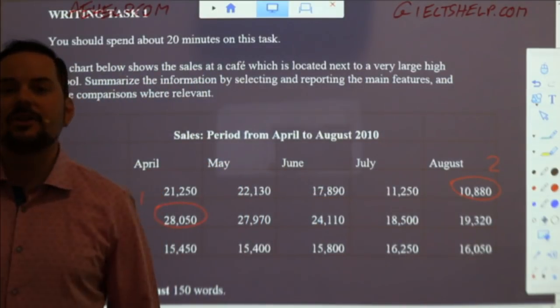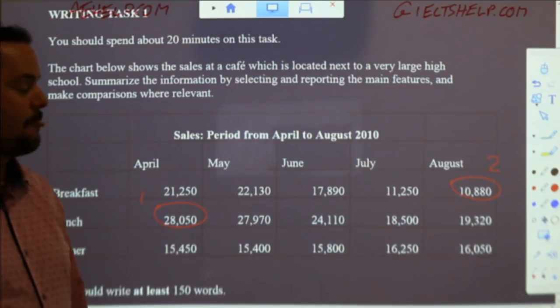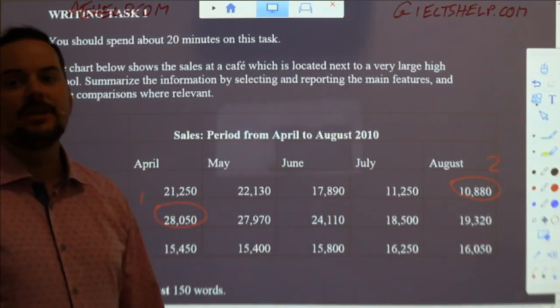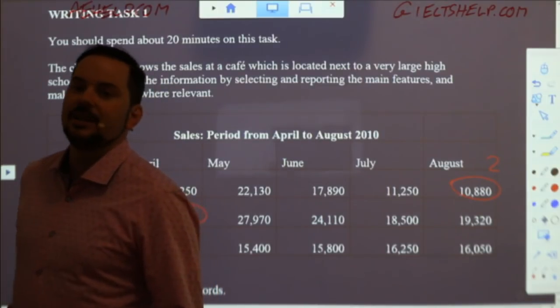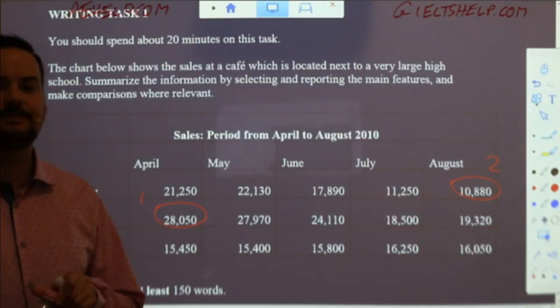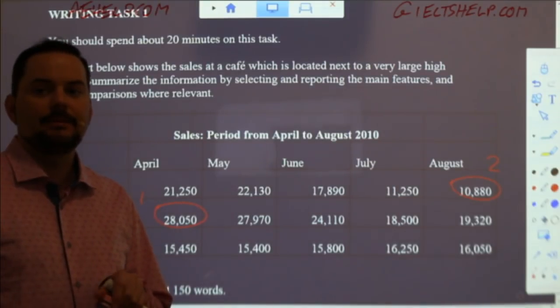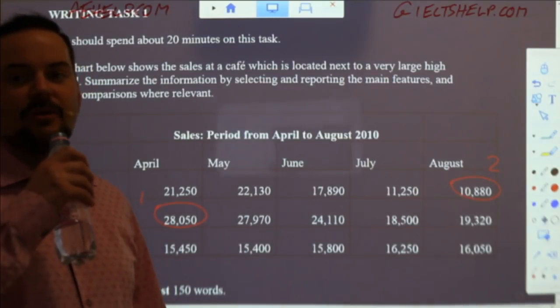What is another really good step to take here before I start writing with this table? There's a very nice trick for you to remember for your IELTS if you get a table for your question. No, I'm still looking for that clever critical thinker who figures it out.